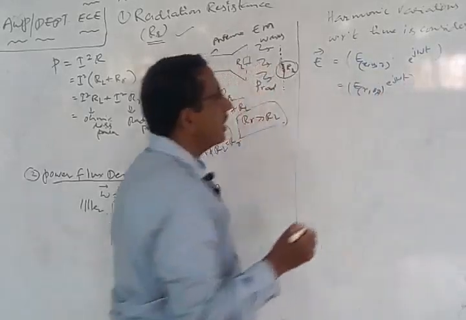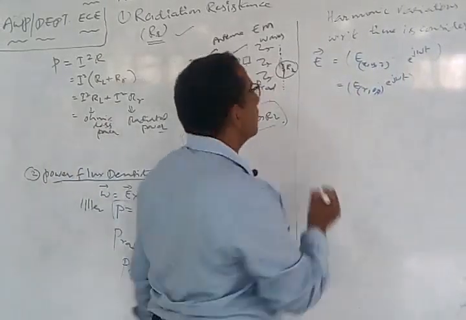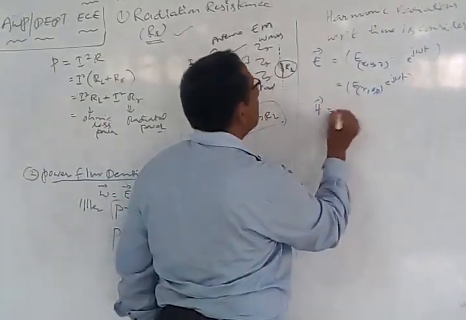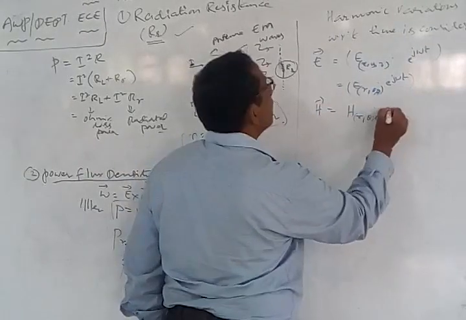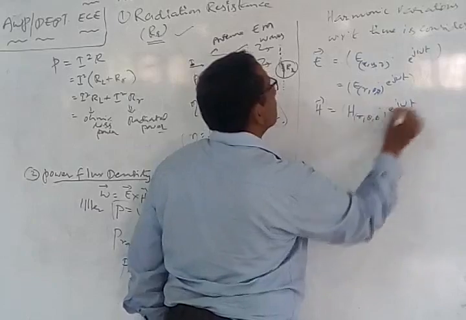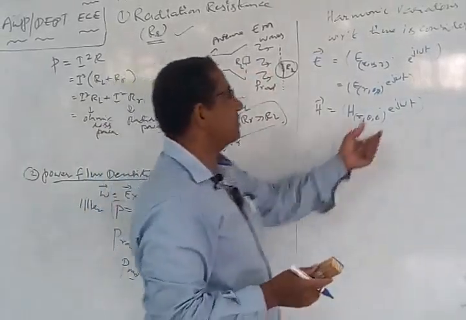So this is what I can write for the electric field component. Similarly I can write it for the magnetic field component: H of r, theta, phi into e raised to j omega t. So this is the expression that we normally have with respect to time.